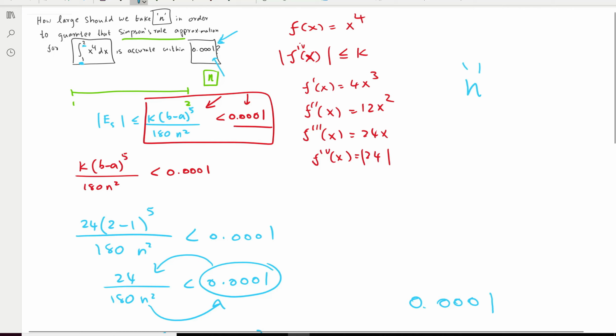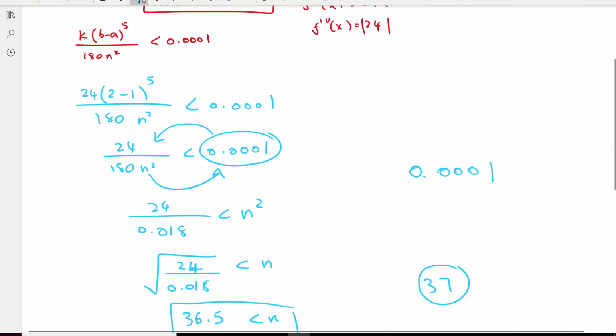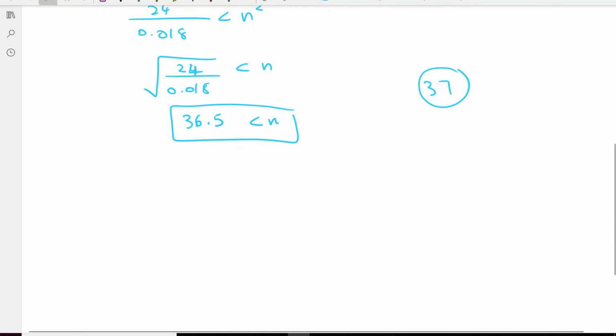We learned that when we were learning Simpson's rule, and why, in that video. So 37 is not the best choice. 38 is the next best choice. Remember, n has to be larger than 36.5. You cannot choose 36, because 36 is less than 36.5. So the next largest even integer is 38.